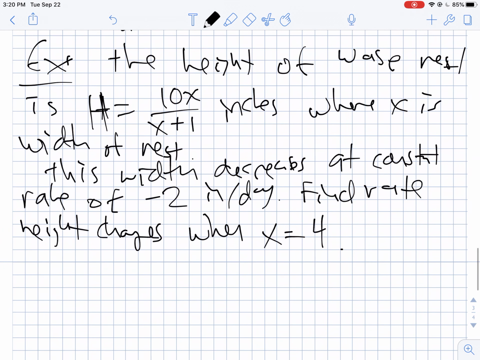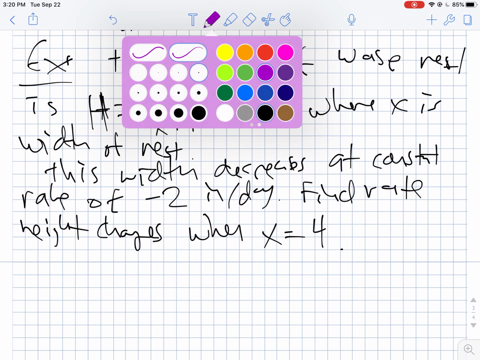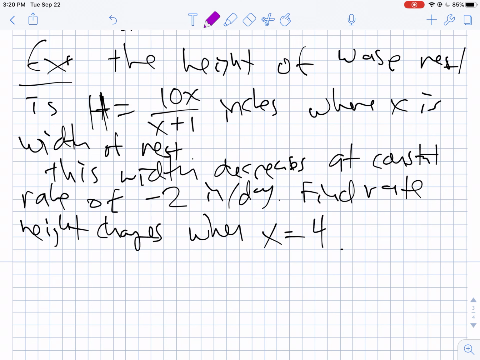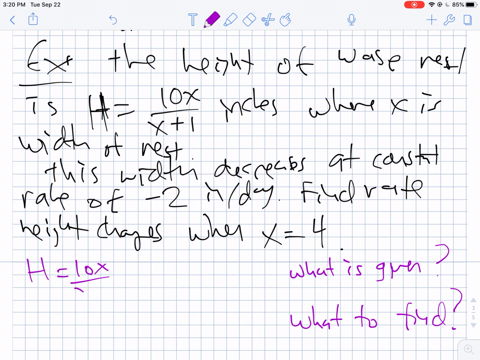Okay. So some of the things that I like to do when I approach a word problem like this is I like to think about what is given, and then what do we need to find? Okay, so what is given to us in this problem? Well, they told us this relation, right? h equals 10x over x plus 1. They told me that this width decreases at a constant rate of -2.